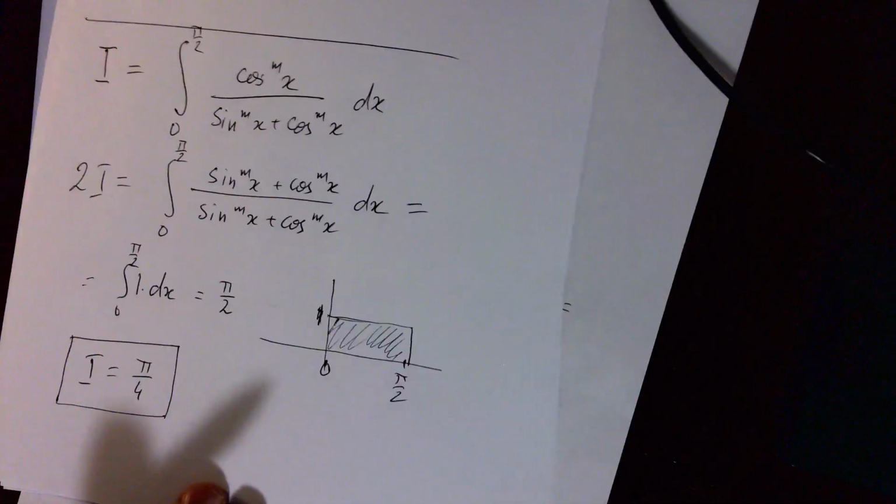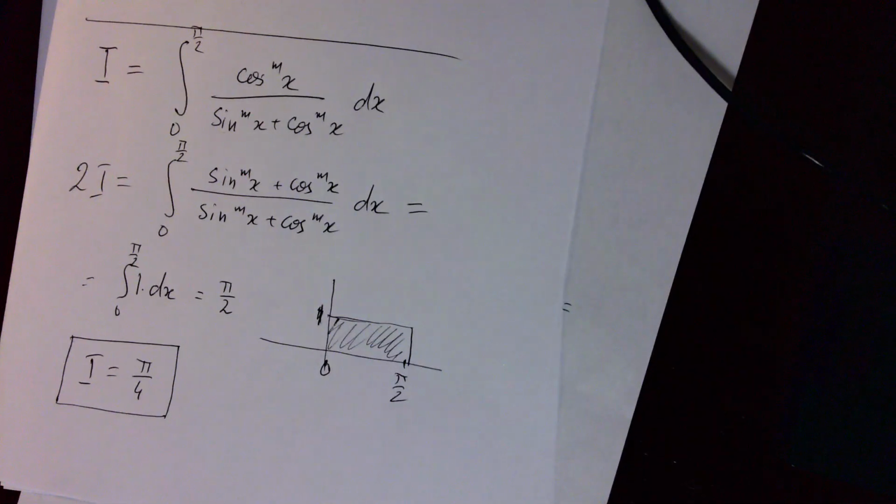And you see, the result does not depend on the value in the exponent. 2024, 2025, or whatever number. We didn't even use the fact that the number m is a whole number.